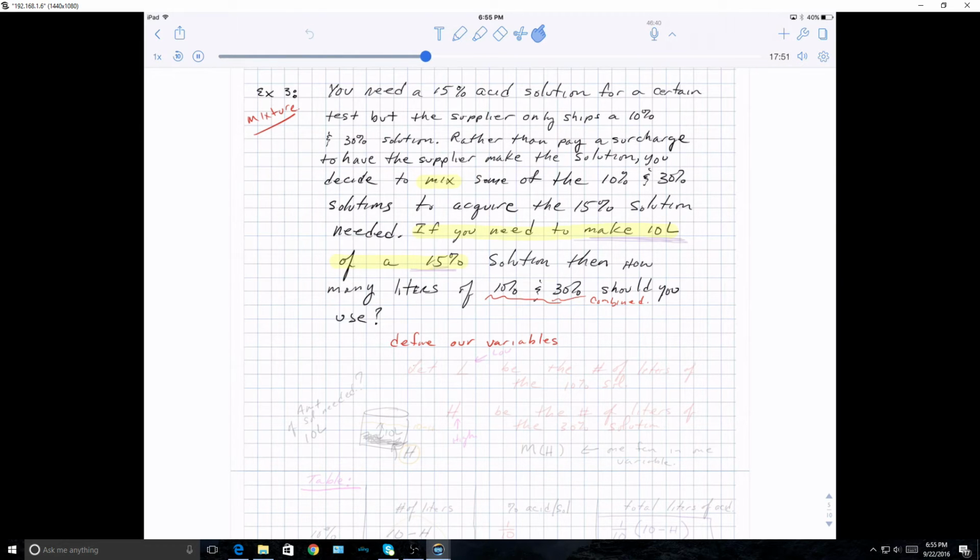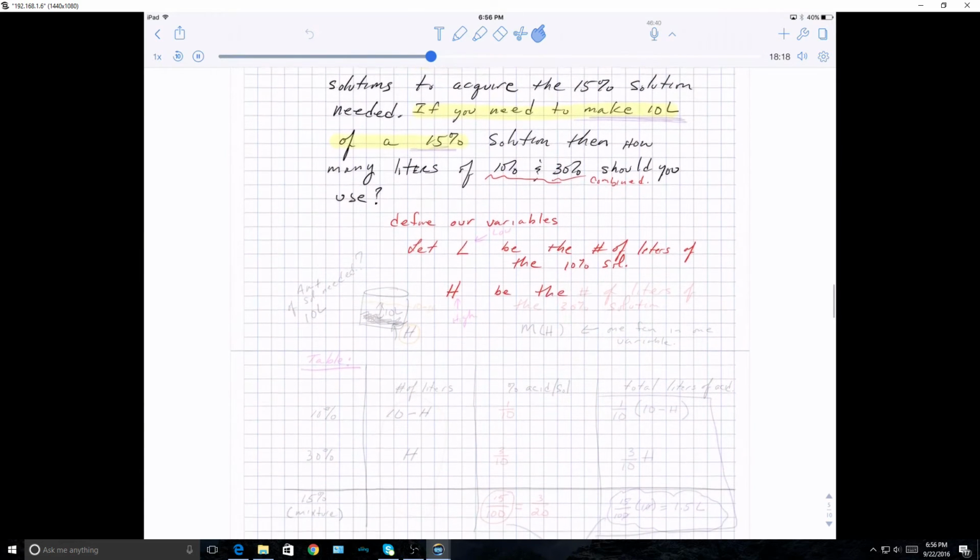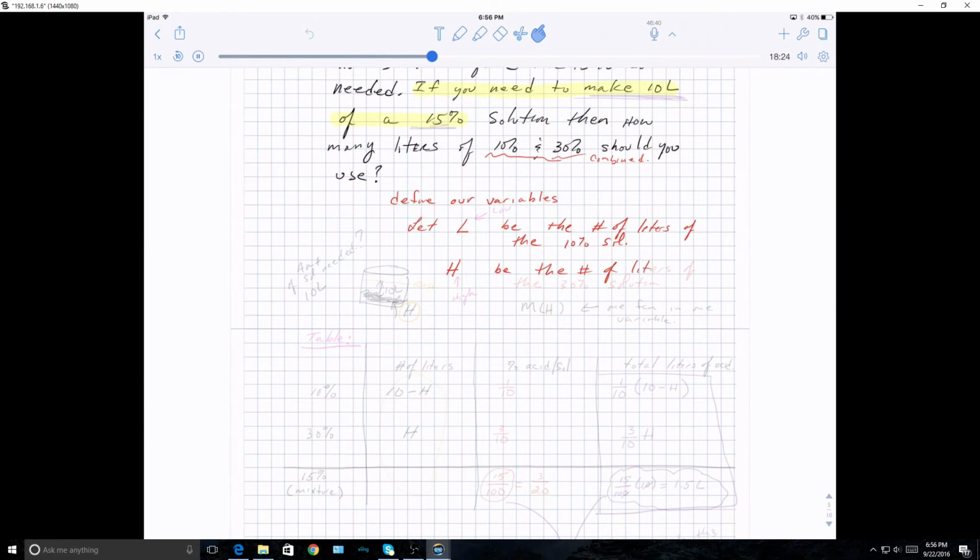So I'm going to say, let L be the number of liters of the 10% solution of acid, and I'm going to let H be the number of liters of the 30% solution of acid.